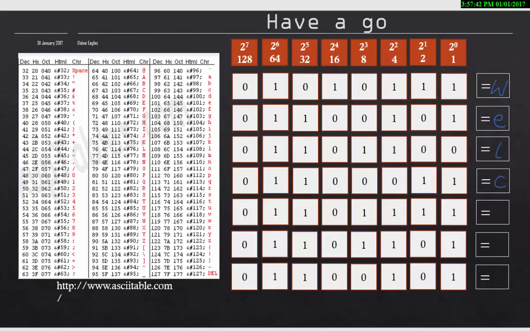The next one is 96 plus 4, 104, 108, 109, 111. So what's 111? It's our O. And the next one, 96 plus 4 plus 8 is 104, 108, 109. So what's 109?